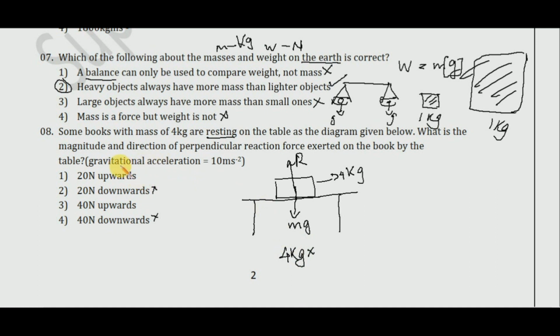So from that you get a clue that you have to convert mass into weight using gravitational acceleration. You get 40 Newton downward as the weight. So the same amount will be upward. So the answer is the third one.